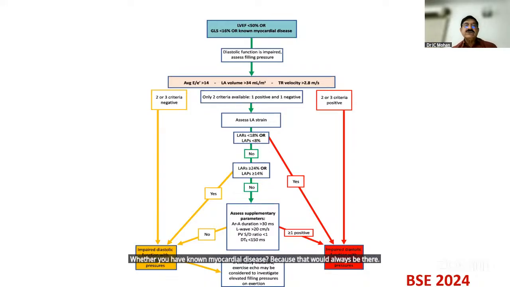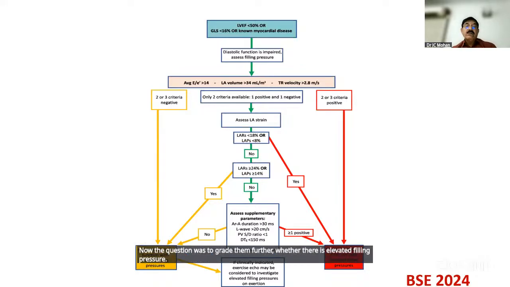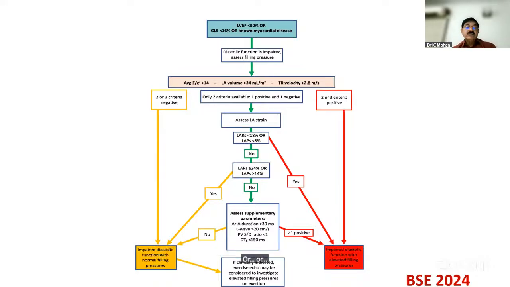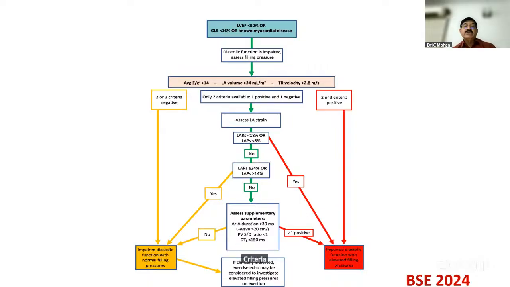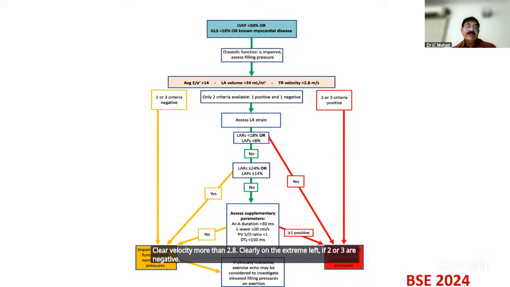Now the question was to grade them further, whether there is elevated filling pressure or normal filling pressure. And this went again with the same three criteria: E to E prime more than 14, LA volume more than 34, TR velocity more than 2.8. Clearly, on the extreme left, if 2 or 3 were negative, it was impaired diastolic function with normal filling pressure. On your extreme right, if 2 or 3 criteria were positive, it was impaired diastolic function with elevated filling pressure.